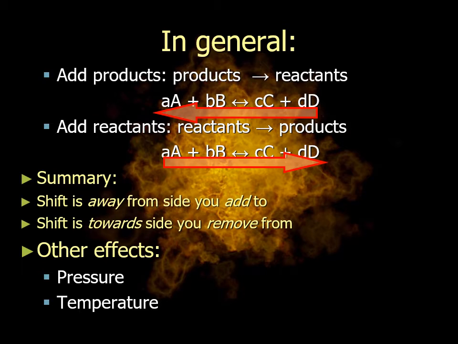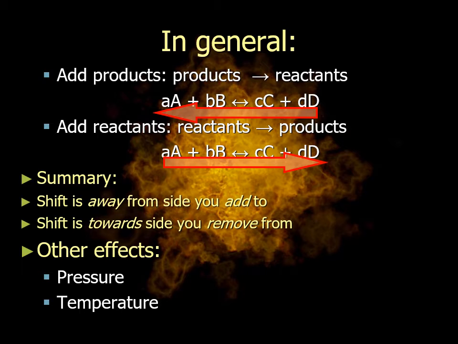And the correct response would be nothing happens because they're not in the expression for K. So these predictions only apply for G's and AQs, but 99% of the time, those are the equilibria that you're going to deal with. So that's the rule for composition changes, adding, subtracting reactants and products.